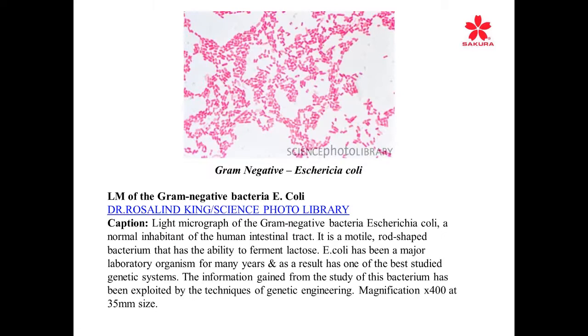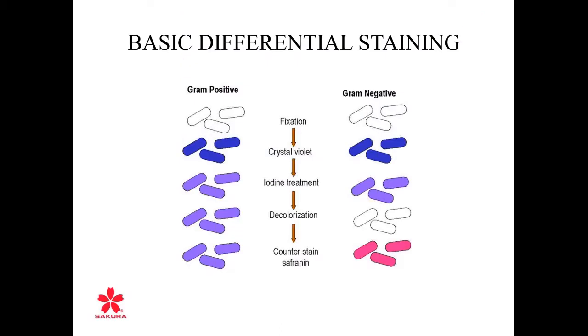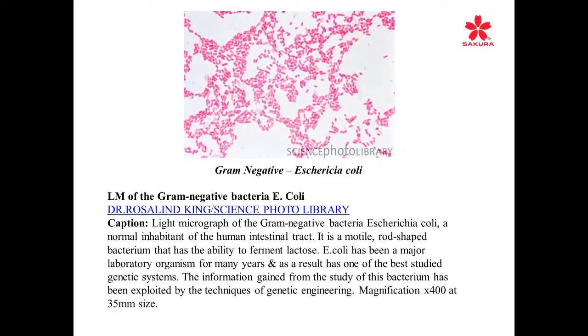So the next slide shows you the gram-negative organisms, and these would be more the rod-shaped organisms. You can see here that they have the opposite color. They've picked up the red staining, which is part of the differential staining method. You have one stain that you do, and then you differentiate, and then you have another stain that you do.